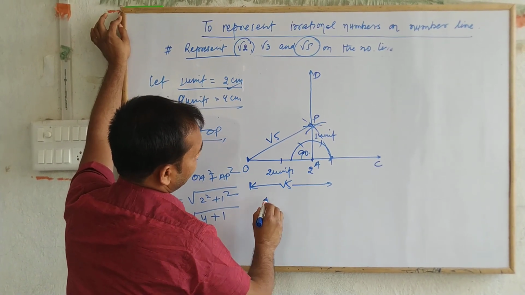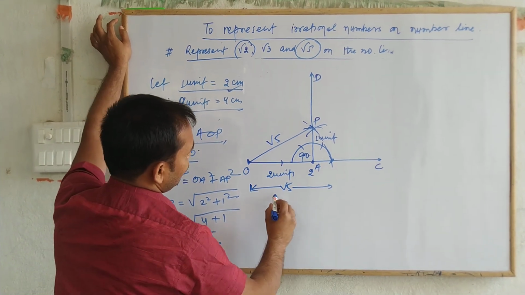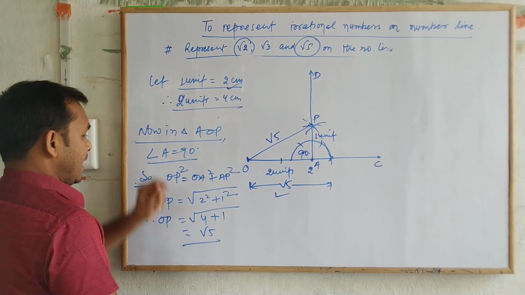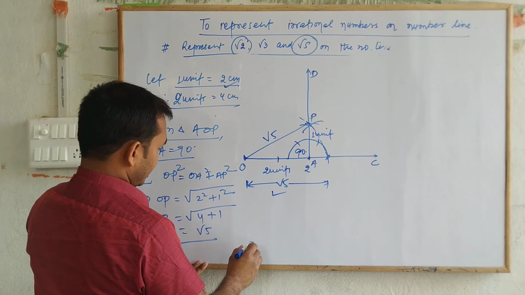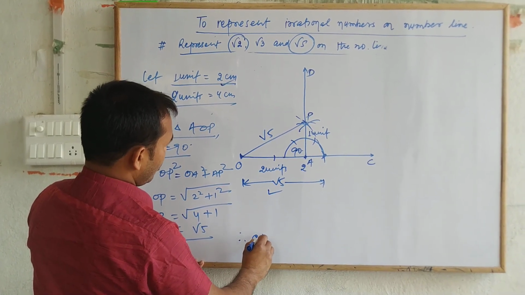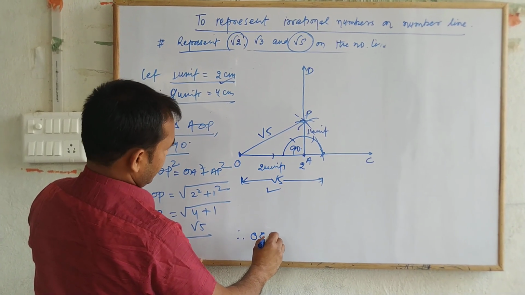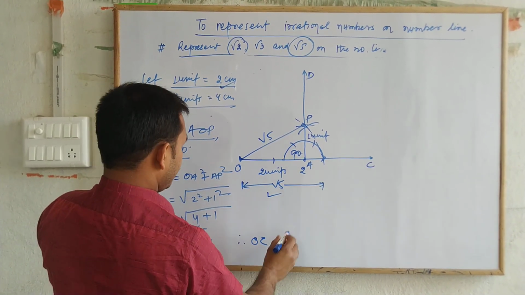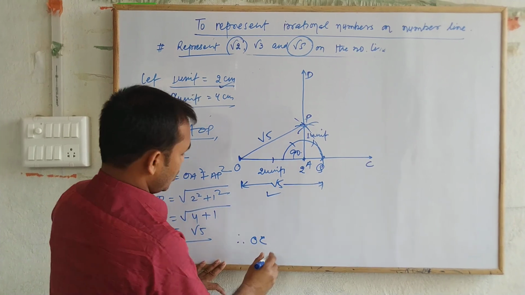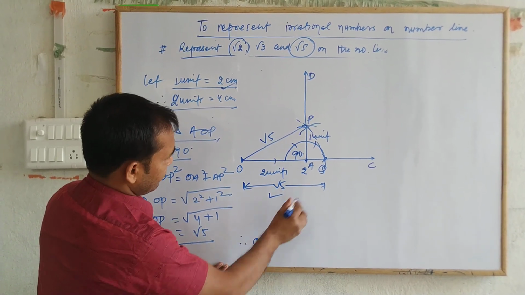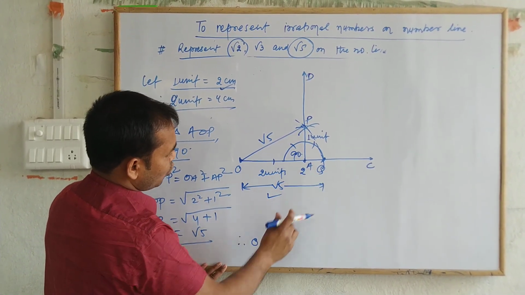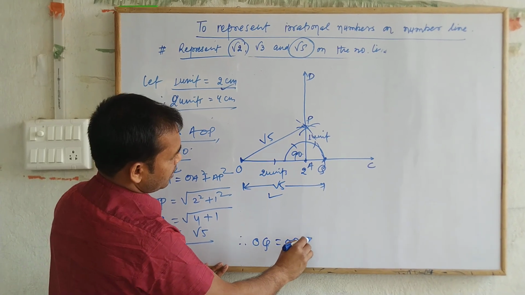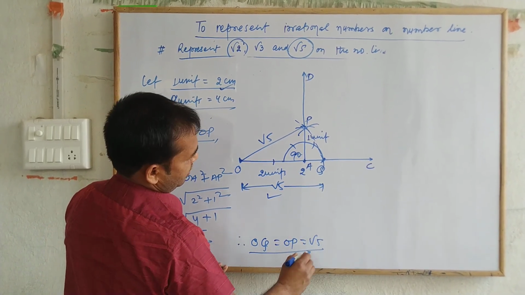This will be an irrational number on the number line, root 5. Name this intersection point Q. So OQ is equal to OP is equal to root 5.